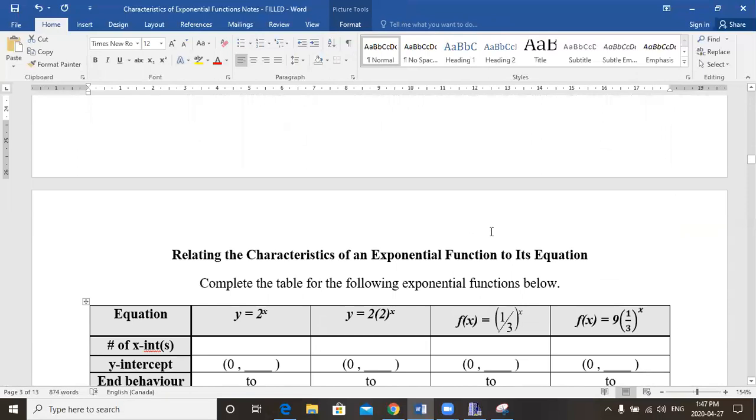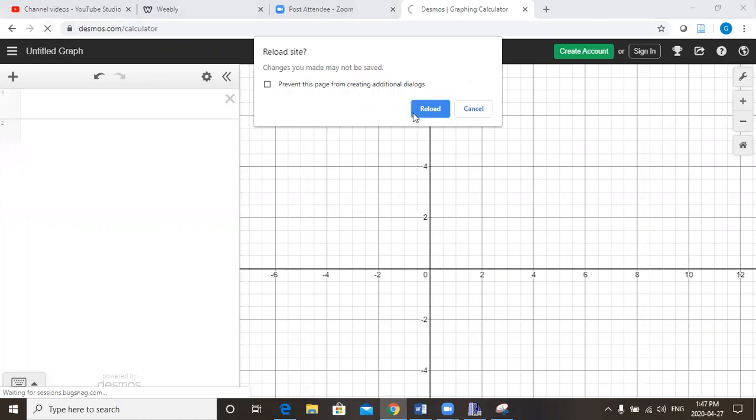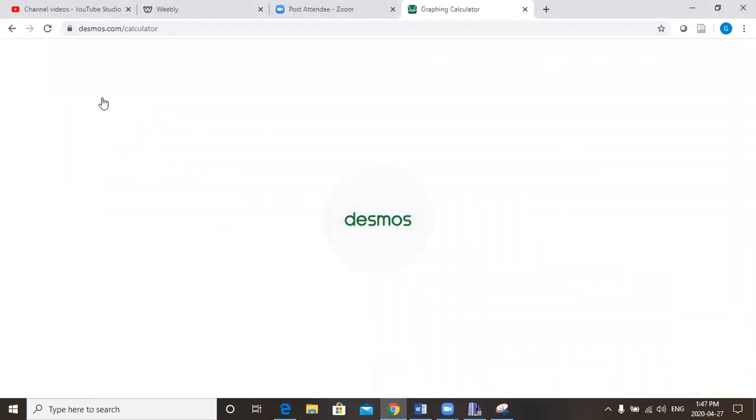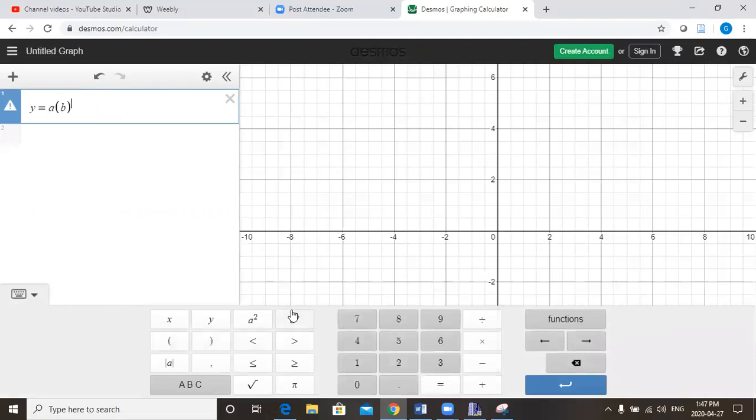Okay, so the next part of this lesson is just connecting the characteristics of an exponential function to its equation. Remember, an exponential function, as we generally have it, is y equals a times b to the power of x.